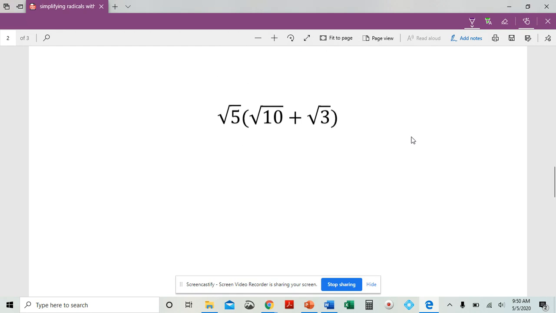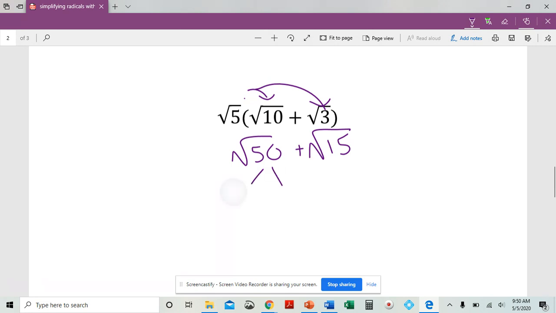All right, so all of these are inside radicals, so we're going to keep working on the inside. So square root 5 times square root 10. Remember, we're going to give it to everything in the parentheses. We're going to have the square root of 50 plus 5 times 3, the square root of 15. Now, I know that 50 we can simplify. I know that it's even, so I can divide it by 2.